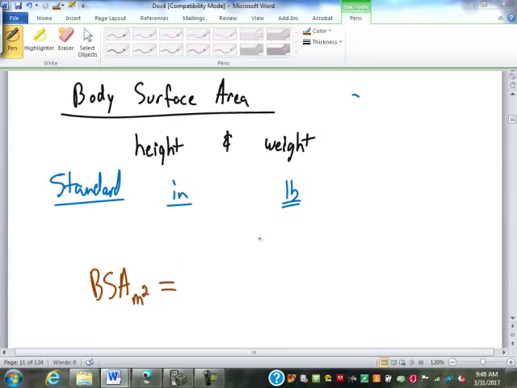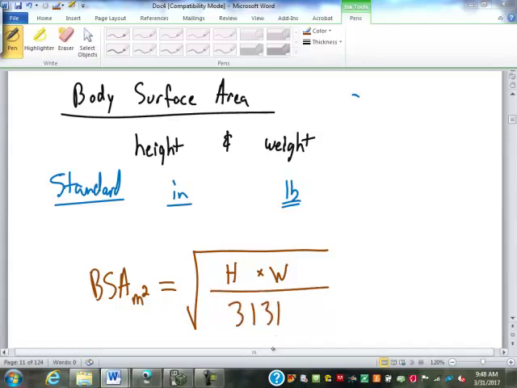We want the body surface area in square meters because that's what any of our dosages would be. It was milligrams per square meter. It'll be the square root of the height in inches times that weight in pounds divided by 3,131.